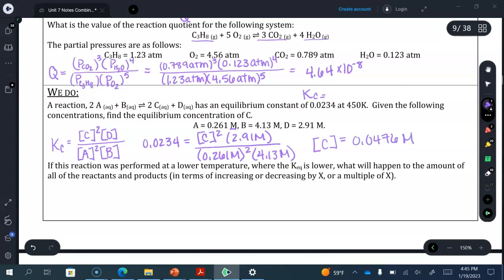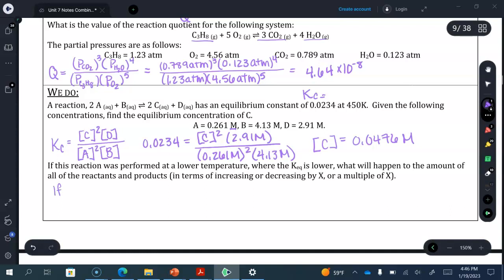0.0476 molar. If this reaction were performed at a lower temperature, where the Keq is lower, what will happen to the amount of all the reactants and products in terms of increasing or decreasing by X or a multiple of X?